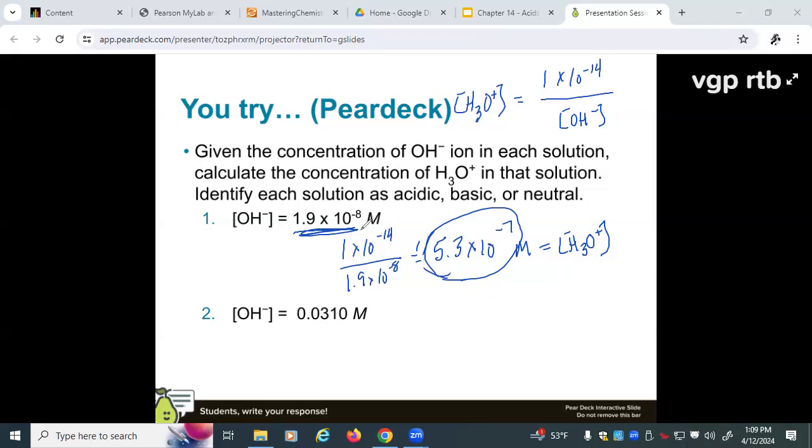So the trick here is looking at the exponents. Since the exponents are negative, the smaller the negative exponent is, the bigger the number is. So negative 7 is bigger than negative 8. So hydronium is higher in concentration. And if I have more acid than base in the water, it is going to be acidic.